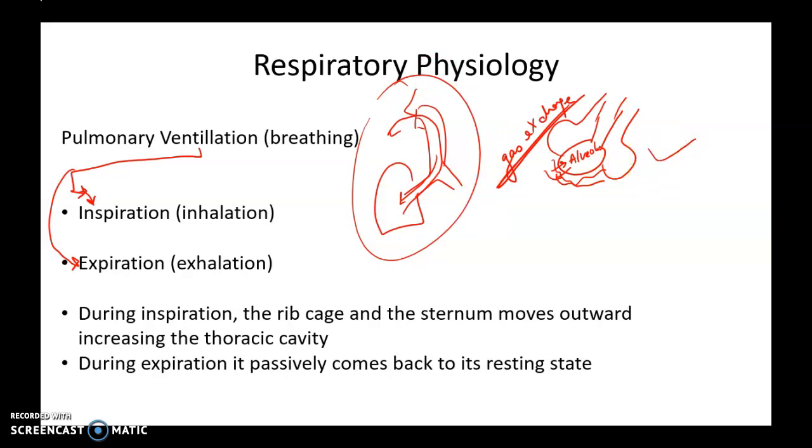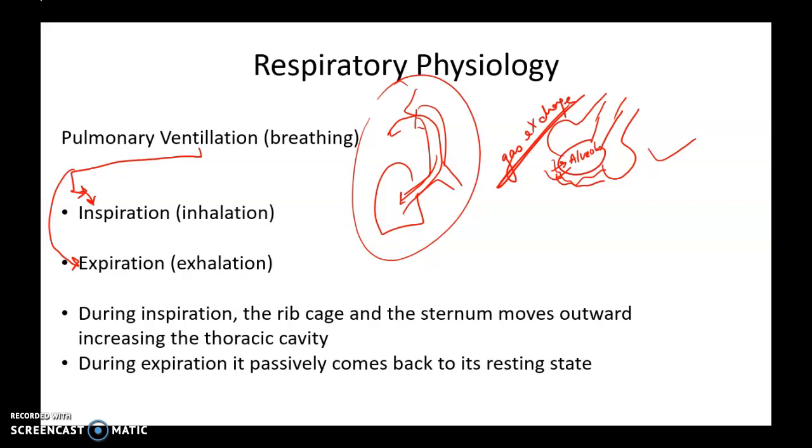All right. Now, as we take in air or as we inhale, what happens to our thoracic cavity? Well, if you think of the rib cage, the sternum moves outward, and that increases the volume of the thoracic cavity. Can you just take a deep breath in? What's happening to your chest cavity or your thoracic cavity?